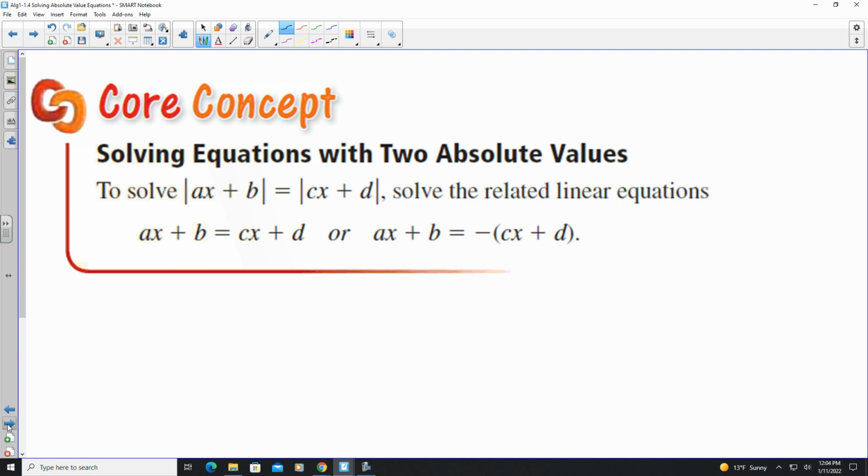So it's either going to be this setup where you just eliminate both of the absolute value bars and solve for x, or potentially you leave one side of the equation the same, just remove the absolute value bars, and the other side, you remove the absolute value bars, but you multiply it by a -1. The reasoning for this is you have to check your answer to see which one holds true to the original equation. And I'll show you some examples.